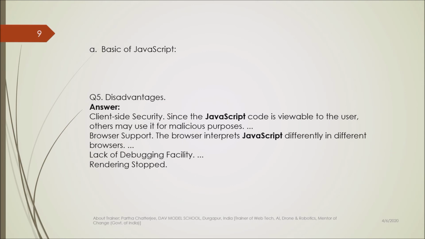Some of the disadvantages, obviously, like client-side security. There is an issue of client-side security, which, as we go through the topic again and again, after a few topics we can understand what security related issues may arise in JavaScript. As it is already written very clearly here, the code is viewable to the user. Okay, if you have an idea about Java and some other object oriented programming language, then you can understand better.